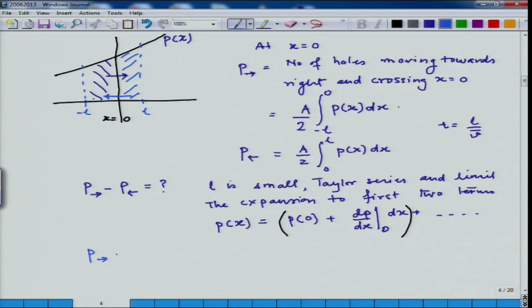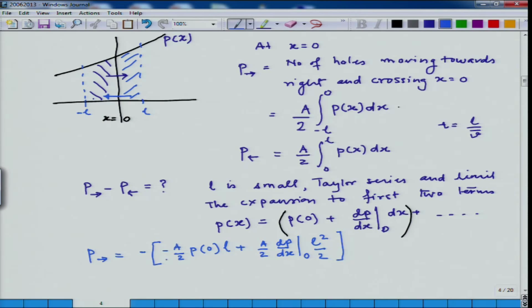So, P going in the right direction, substituting P of x, is going to be given by the integration from negative L, plus, for the second part, this is going to be A by 2 times the value at 0 times L square divided by 2.